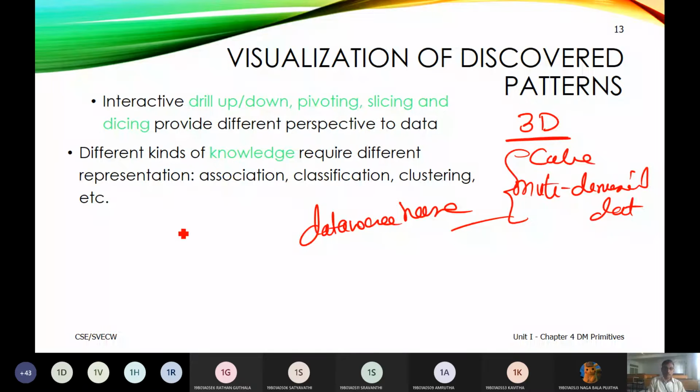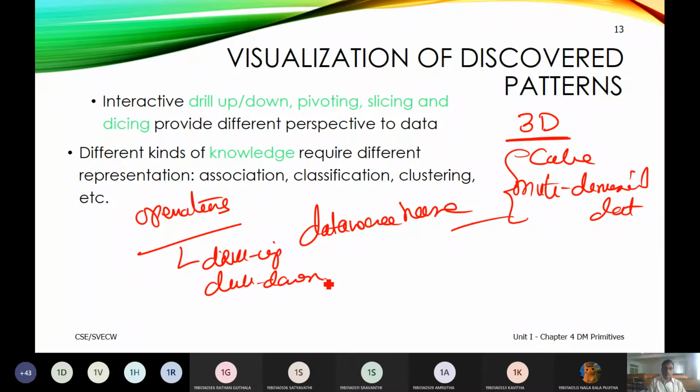The basic operations we do on multi-dimensional data are drill up, drill down, pivoting, dicing, and slicing.